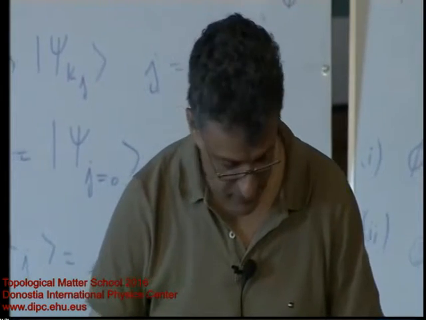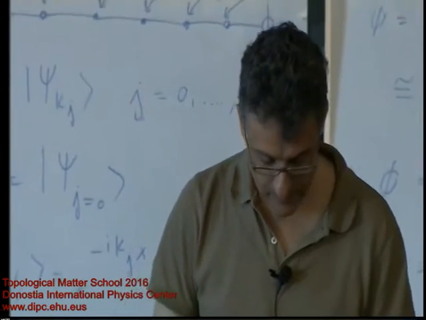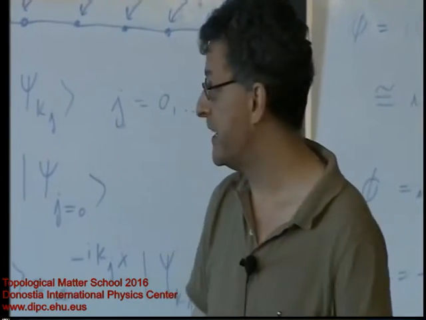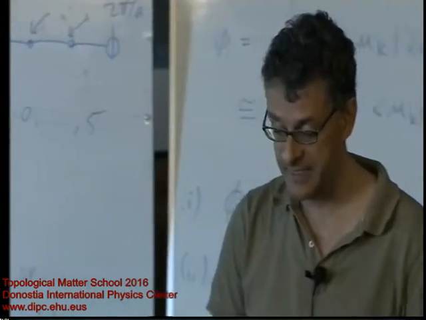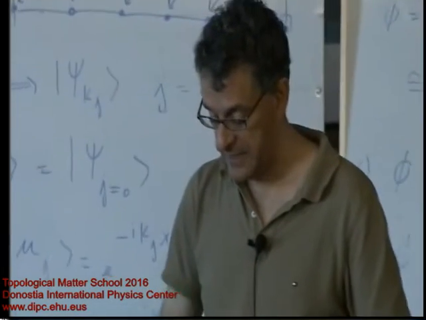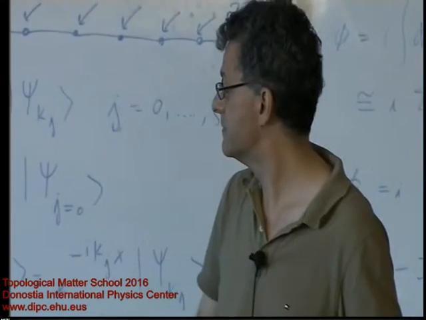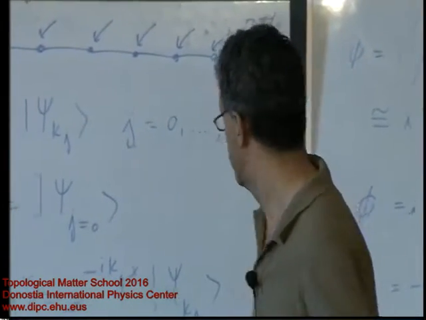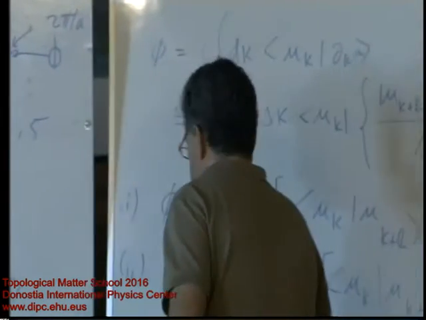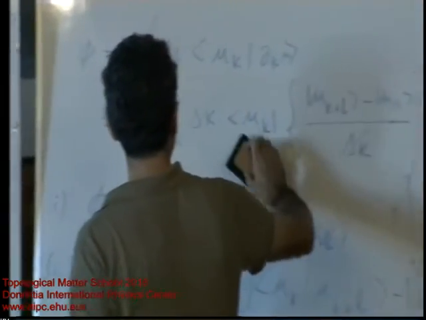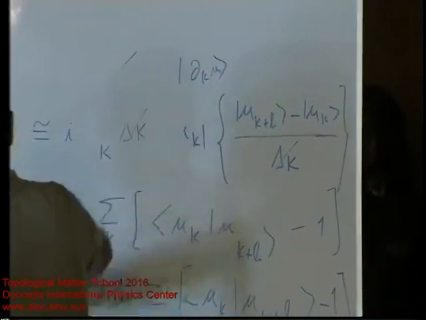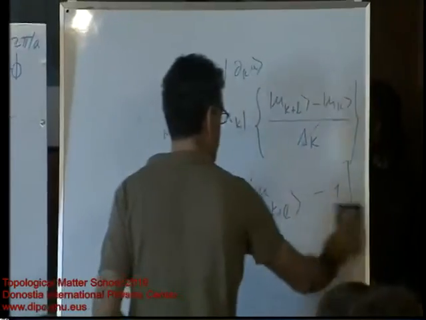I think we're almost finished. Maybe I just want to make one final comment. There are many more things that one could talk about, but I didn't really go into the general theory of Berry phases.